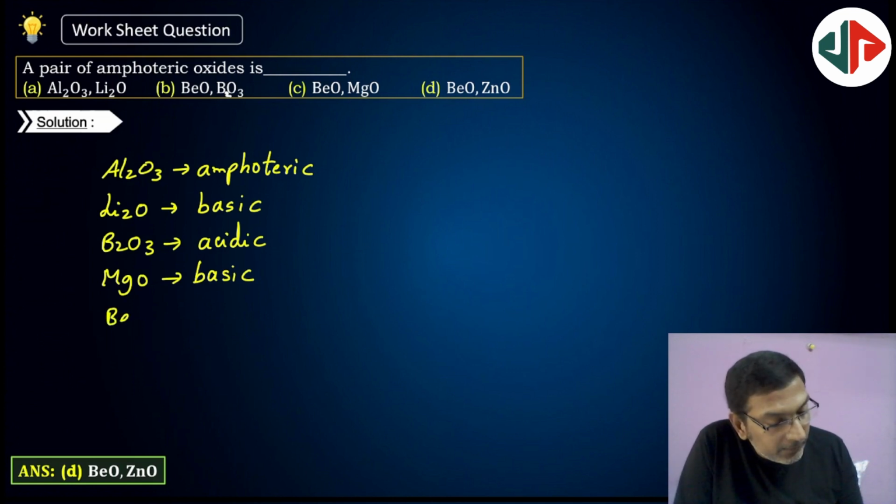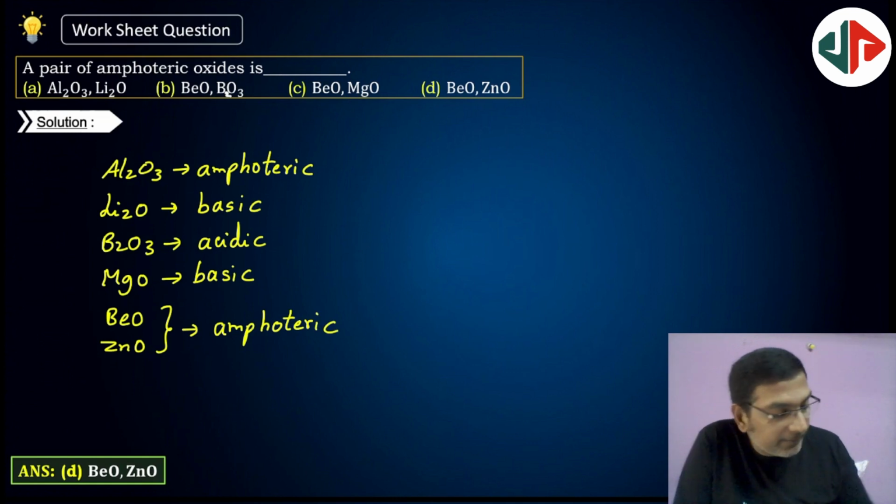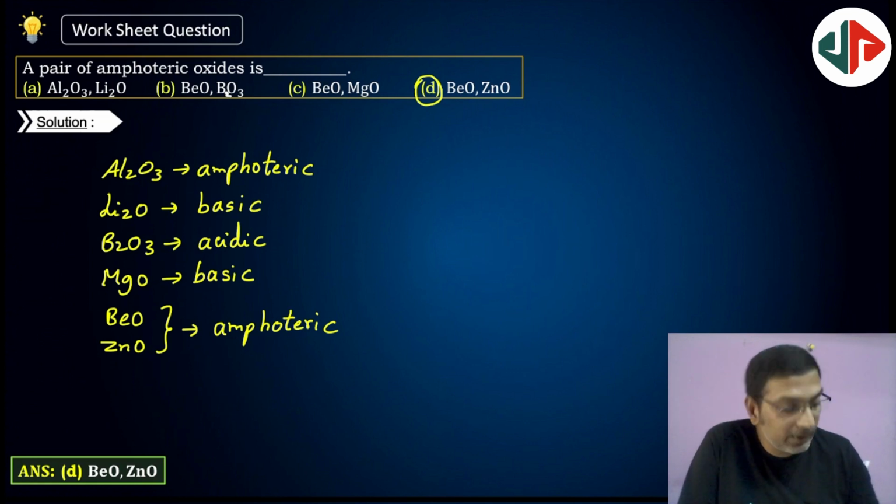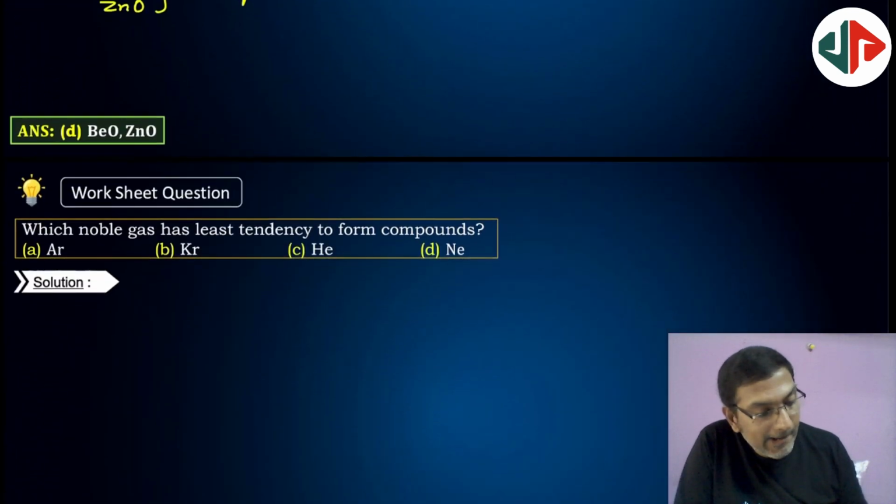Next, BeO and ZnO, amphoteric. So check here clearly, D option. BeO amphoteric and ZnO also amphoteric. Next.